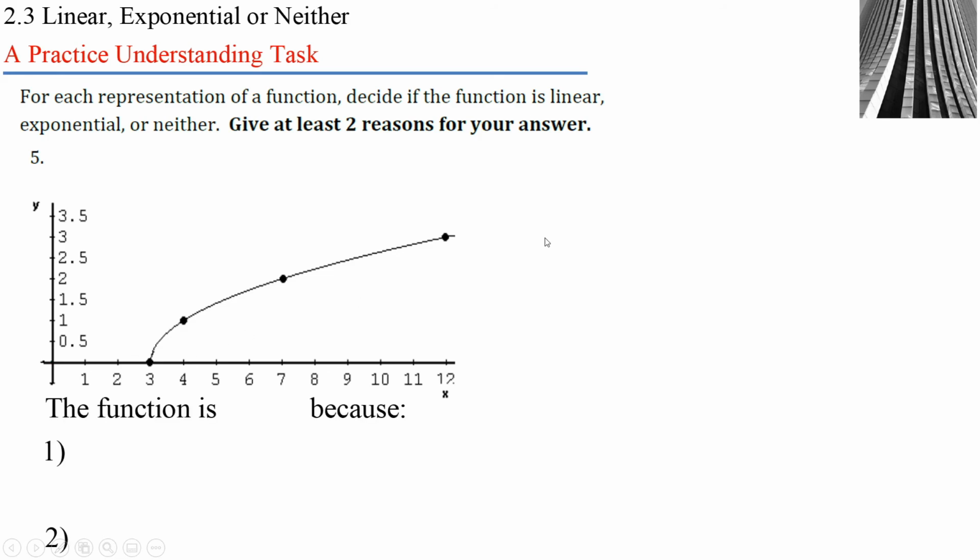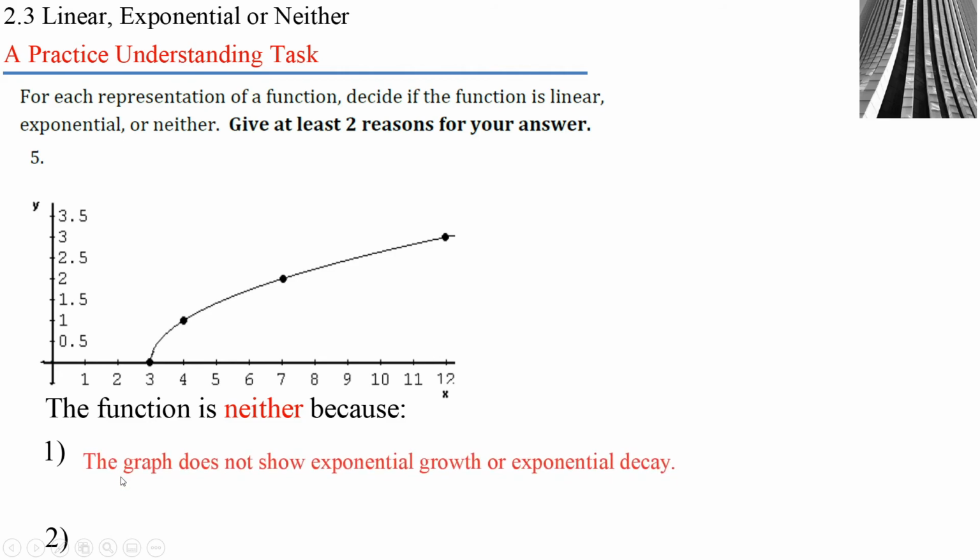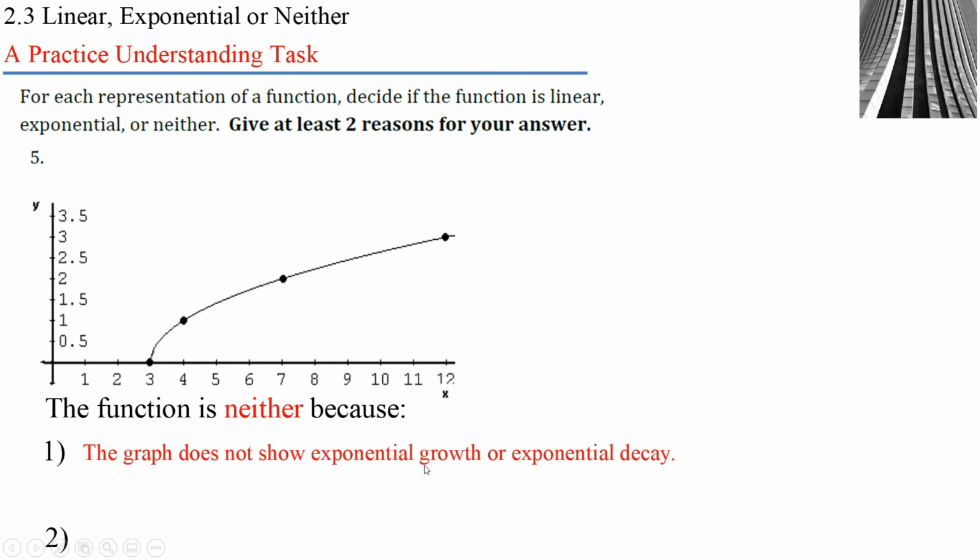So I'm going to say this function is neither because, and my 2 reasons, I'm going to keep it real simple. Well, the graph does not show exponential growth or exponential decay. All right, and number 2, the first thing we thought is the graph is not a straight line. The graph is not linear.